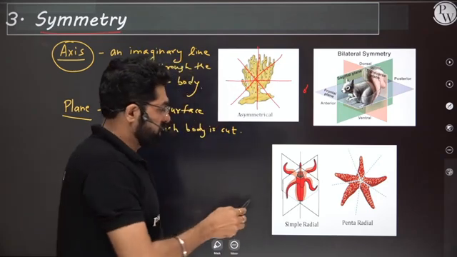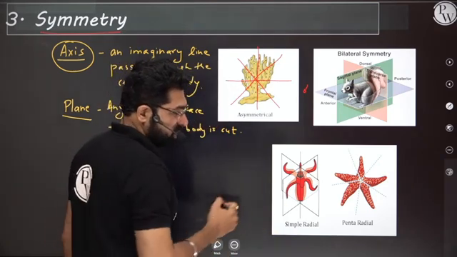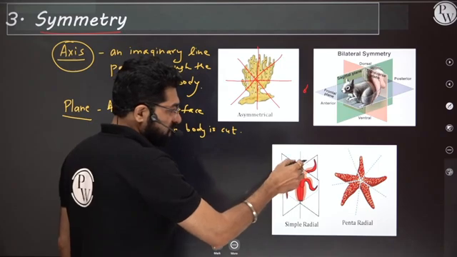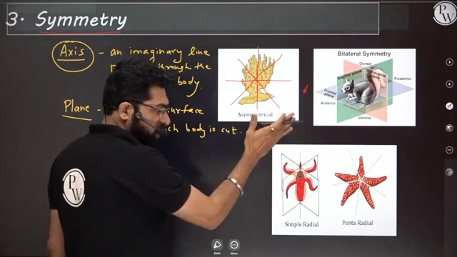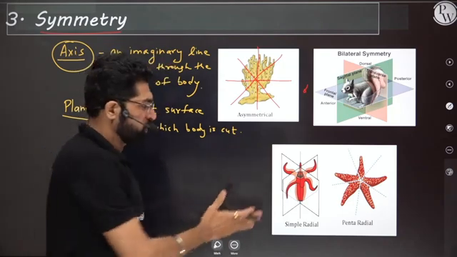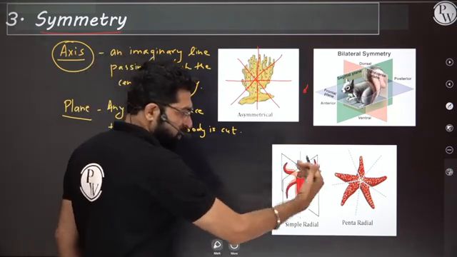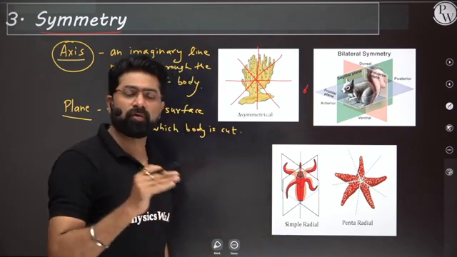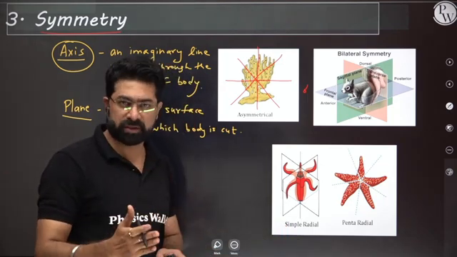But if you come to this case now, that is radial symmetry. In this case, if you cut the organism from any plane, from this plane, from this plane, from the middle also, you will always get two equal halves.